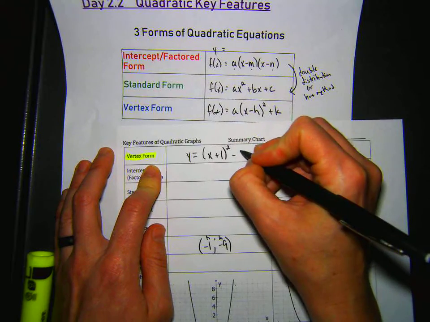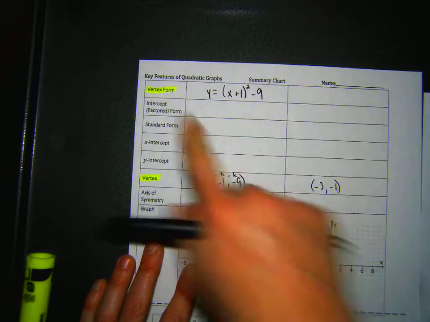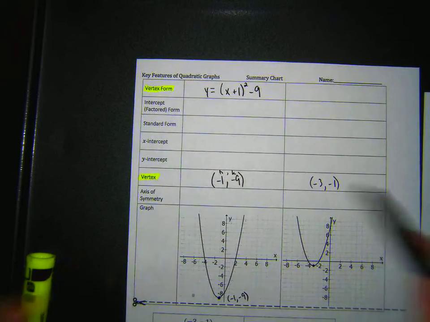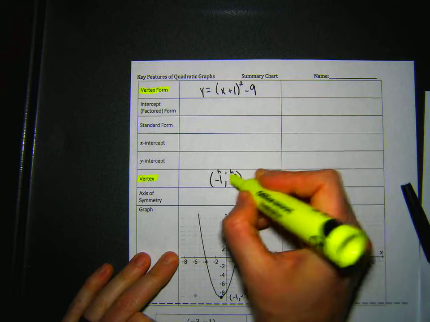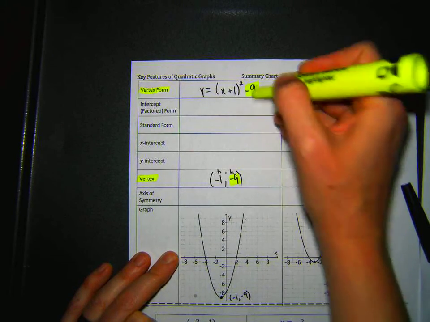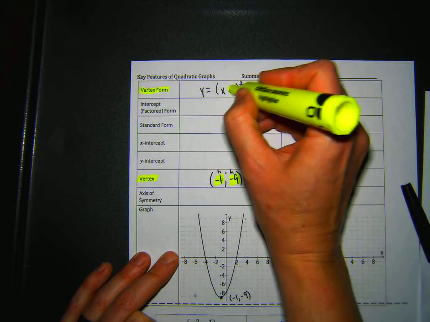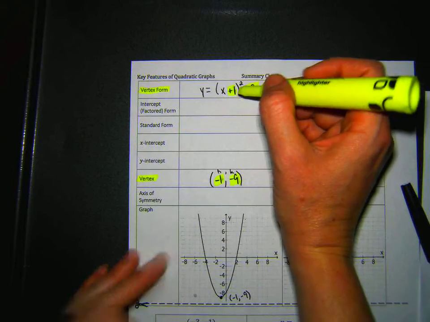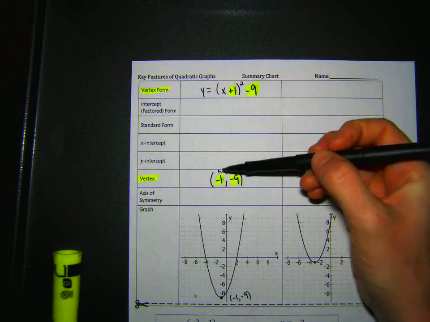And your k value is -9. So what I want you to see with vertex form and the vertex is that whatever your k value is, it's going to be exactly that in the equation. The k value is not changed, but the h value, which is -1, changes to a positive 1 when we go into the equation. And the way that we're going to remember that the h value has to change is this.